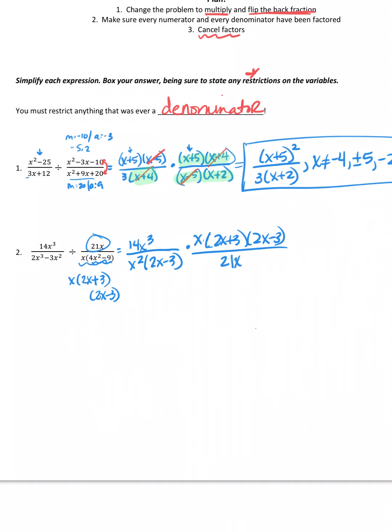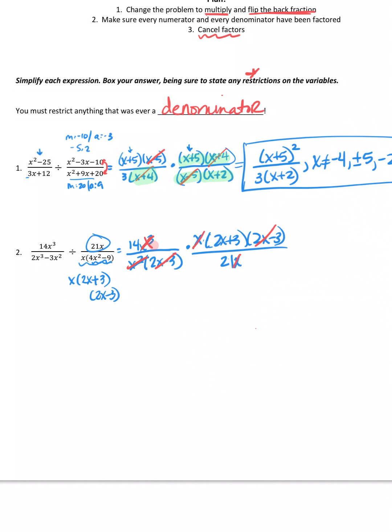All right, now let's lean back and see what we can reduce. I see a 2x minus 3. I also see that there's an x cubed on the top and x squared on the bottom. That means there's 3 x's on the top, 2 on the bottom. So I can reduce 2 of those out, and I'm left with 1 x left here. Then I notice over here in the second fraction, I have an x and an x.